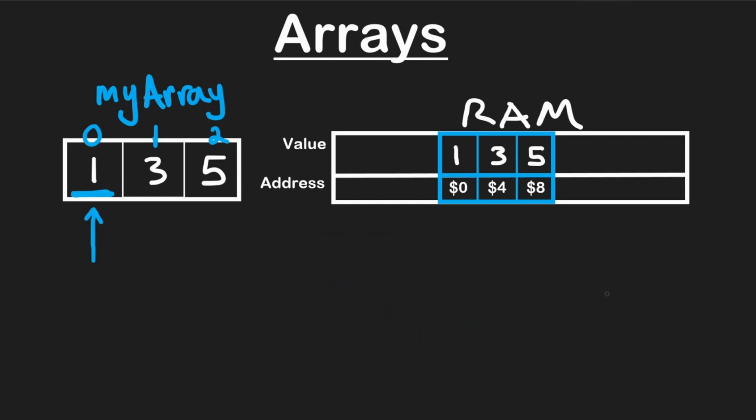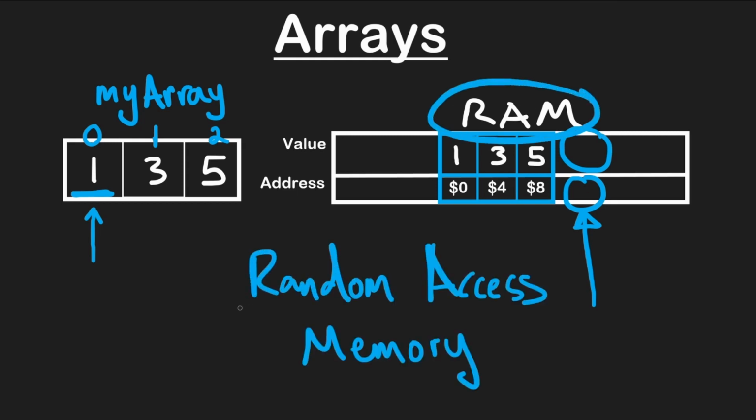The fact that we can go to any arbitrary address in our RAM and then read the value at that address is a property of RAM. It's actually in the name itself. Random access memory is what RAM stands for. It basically means we can randomly access any portion of the memory in constant time.